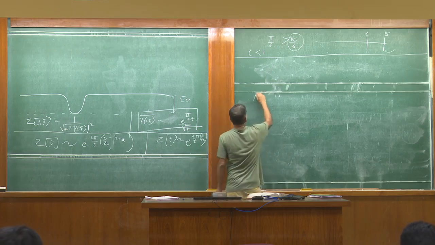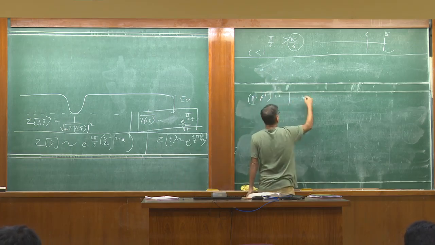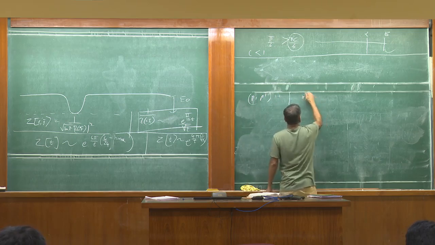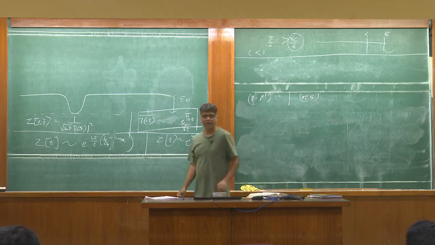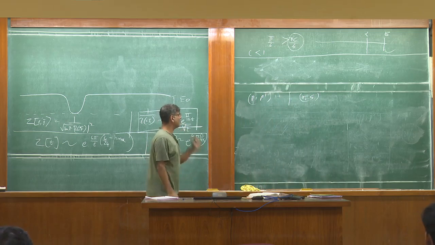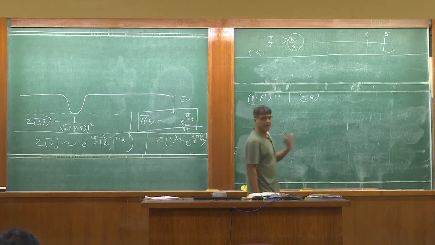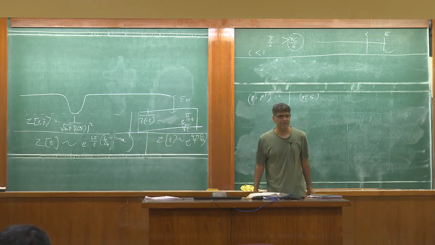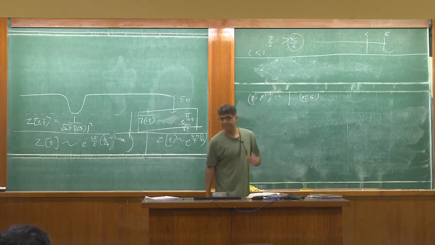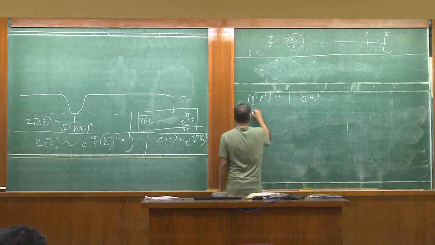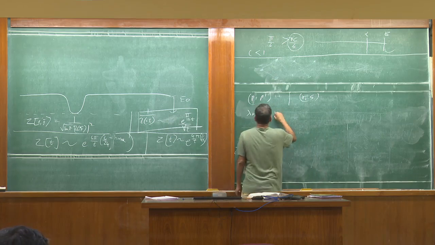Remember that our theory was defined by P and P prime, and our operator was defined by R and S. Now, one linear combination of P, P prime, R and S will appear repeatedly in our formulas. So it's good to give it a name. So we define lambda RS is equal to Rp minus Sp prime.